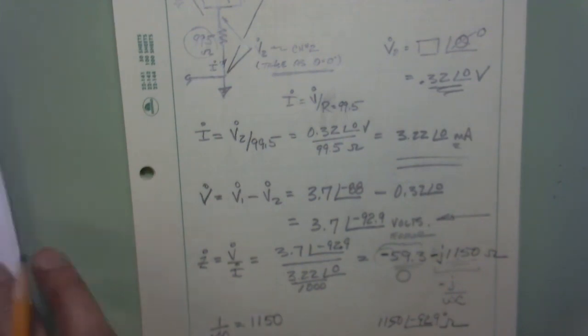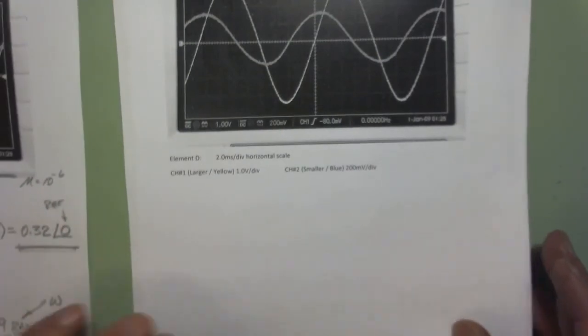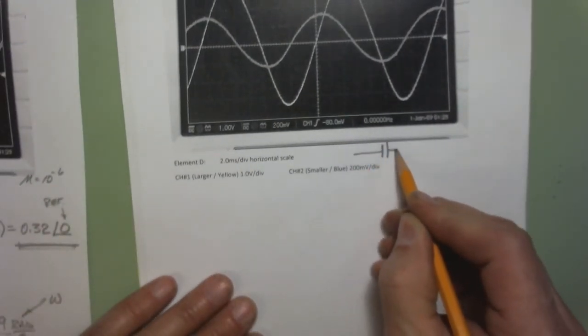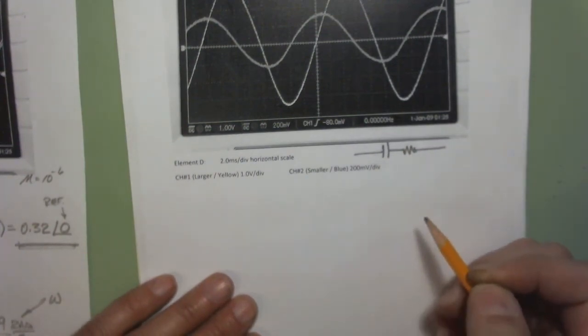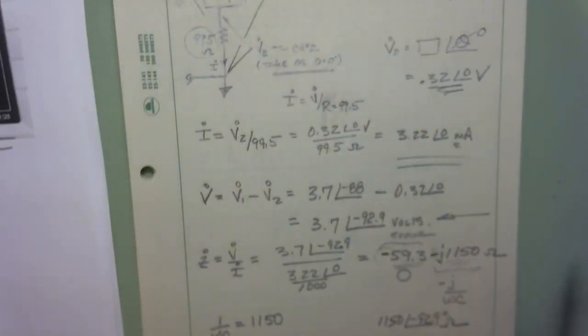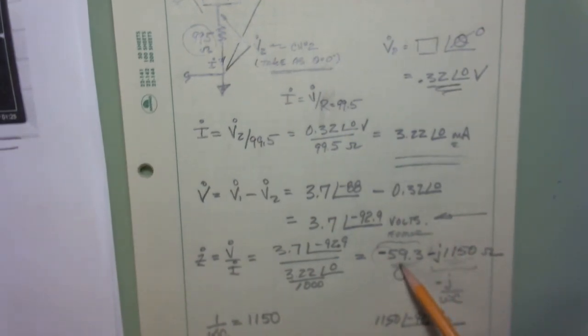If we go on and look at the next one, element number D is the same capacitor, and then we've added 220 ohms or 216 ohms to that. And so you should see on that one that the capacitance, this portion here, should remain about the same, but hopefully this will increase.